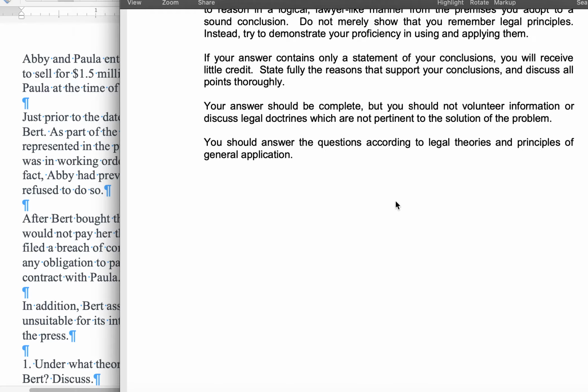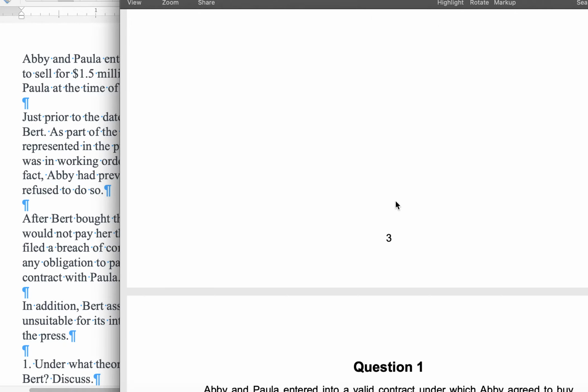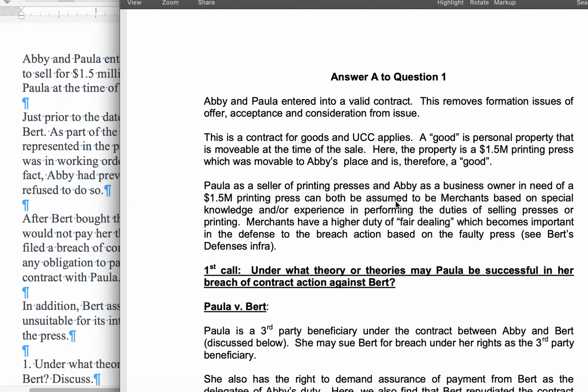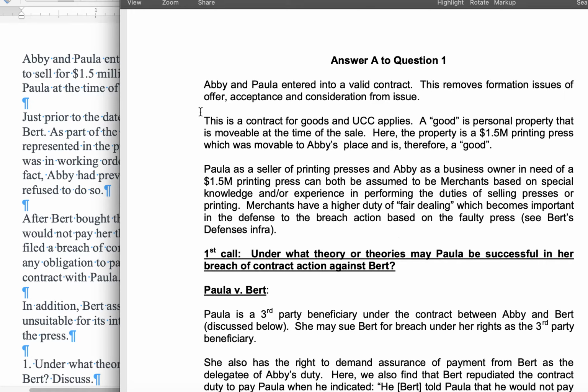So I'm going to go with what she said here. She says right here in the first paragraph, Abby and Paula entered into a valid contract. This removes the formation issues of offer, acceptance and consideration from issue. So it's not an issue, it's a moot point.